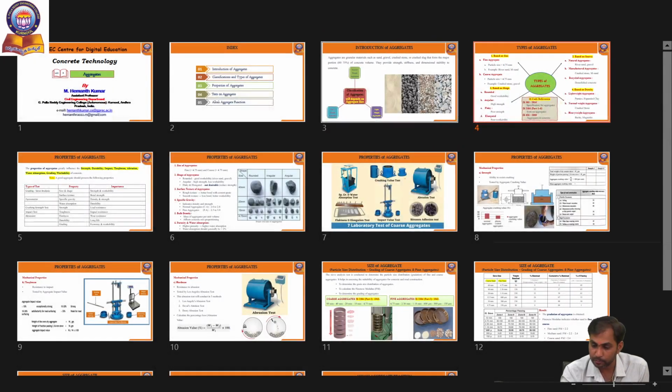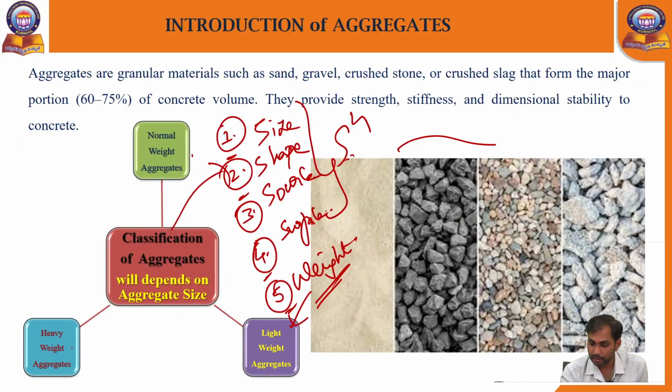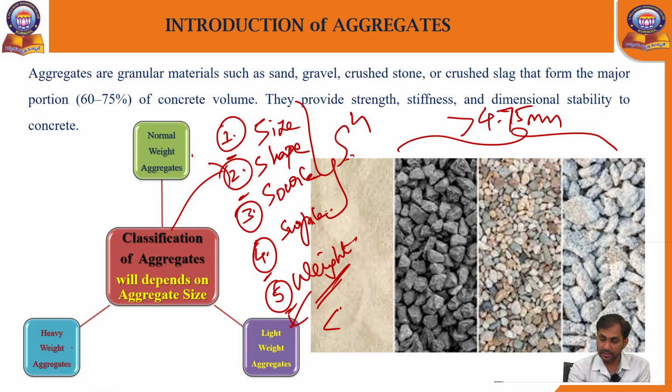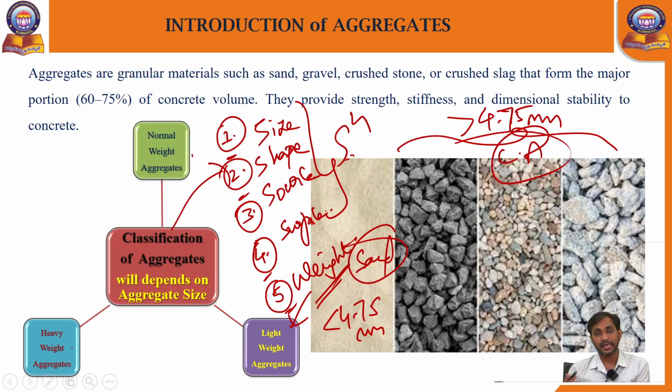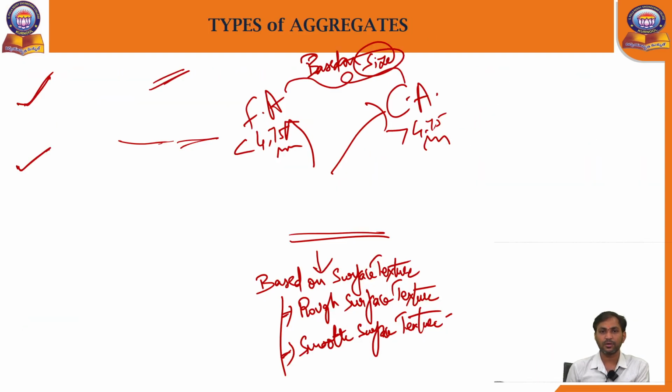You can observe here: all the particle sizes are more than 4.75 mm. The size less than 4.75 mm is a sand particle and this is a coarse aggregate particle. Here gravel, cobbles, and pebbles will be present, all the different sizes. Okay, next.